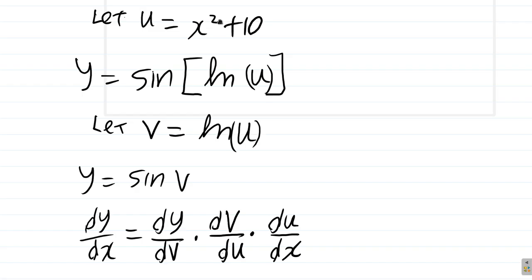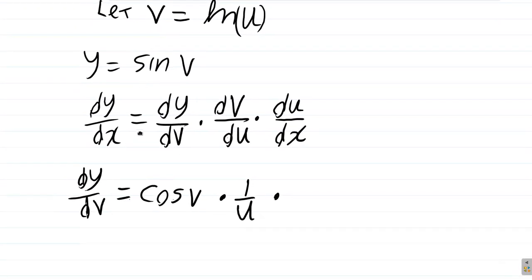So you use the power rule now. You're going to have in the power rule 2 times x to the power of 2 minus 1. Remember, you multiply the power and reduce the old power by 1 to get the new power. So it's going to be 2x. The 10 is a constant, so it will be 0.